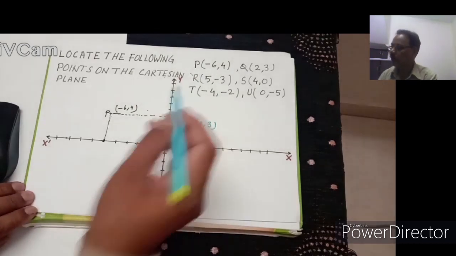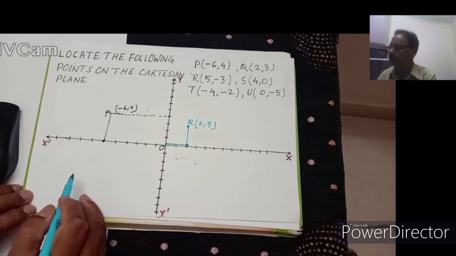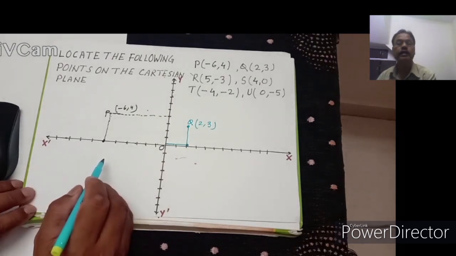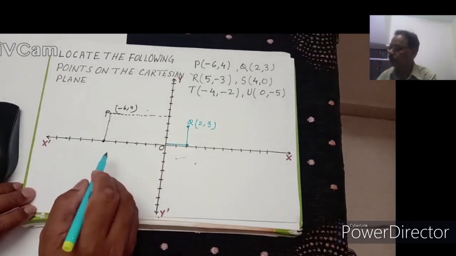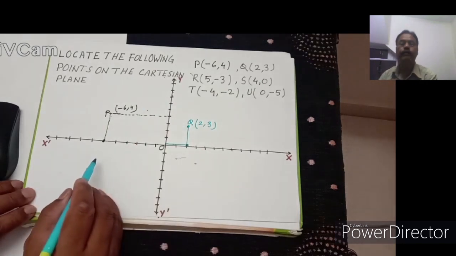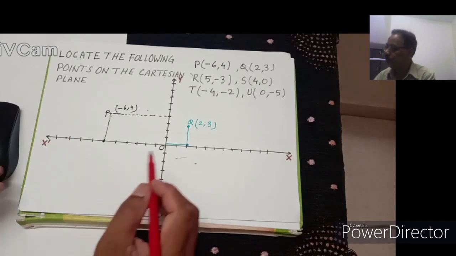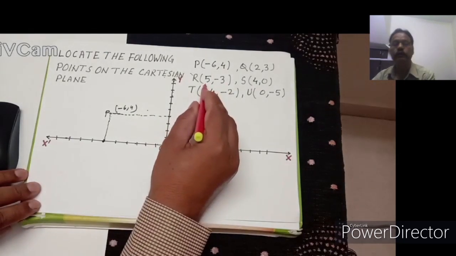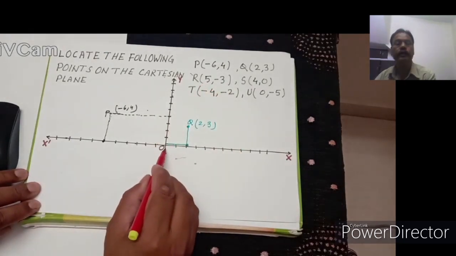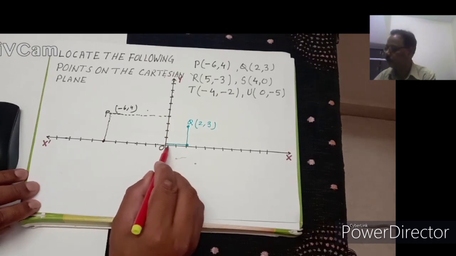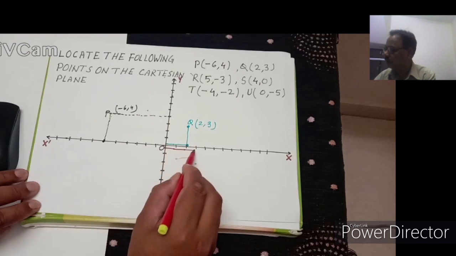Now what is the next point? The point R. We are going to plot this point on the Cartesian plane on the graph. Point R is 5, -3. 5 means it is positive. So in the positive direction to the x-axis we shall move 5 units. 1, 2, 3, 4, 5.